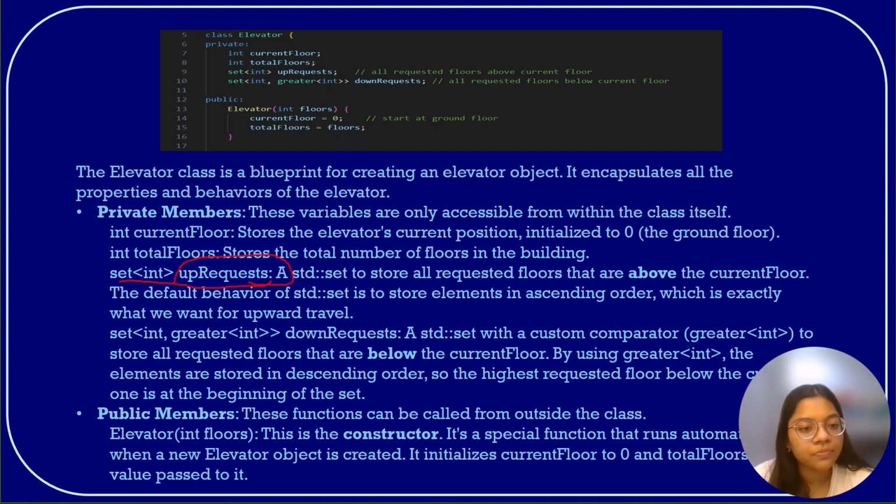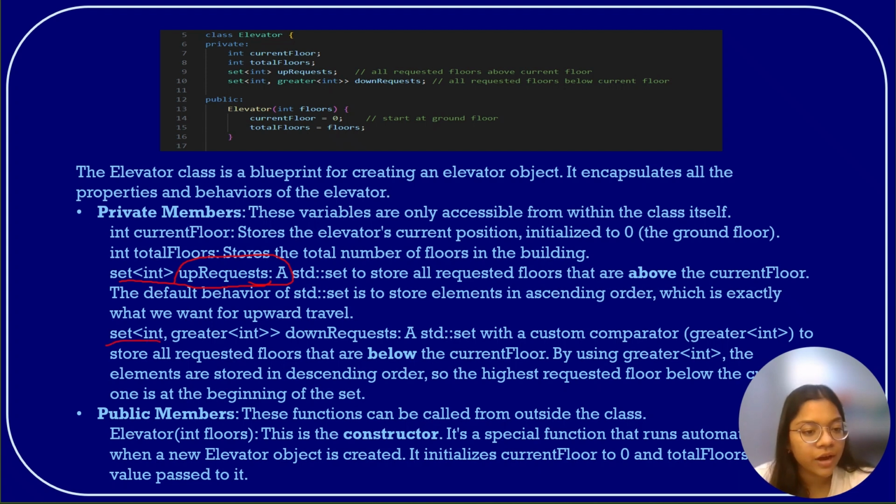What we are storing in this set is all the floors that are above the current floor. Like if I'm on the second floor, then I'm going to store all the floor numbers above the second floor, from 3 to the maximum floor. I am also going to store them in ascending order, which is exactly what we want in the upward direction, right? From least to most.